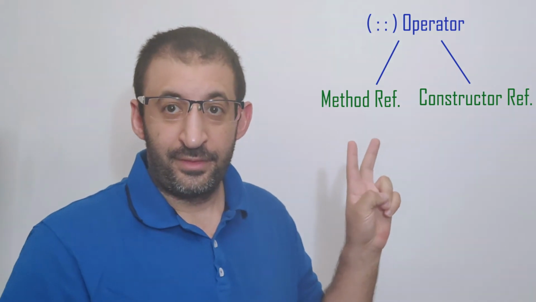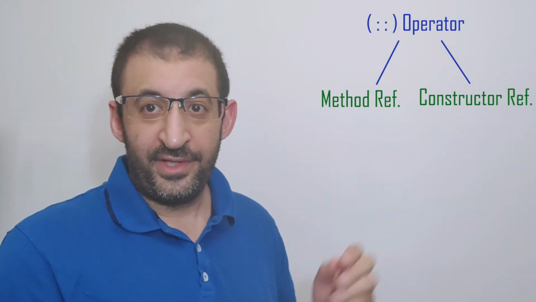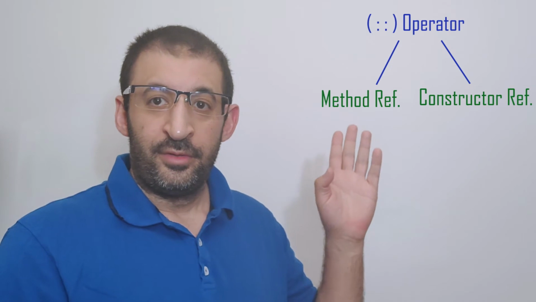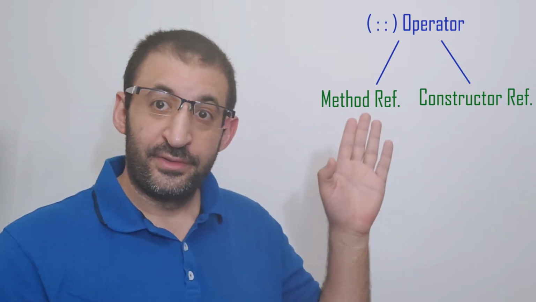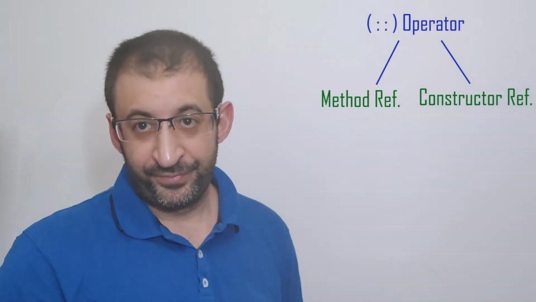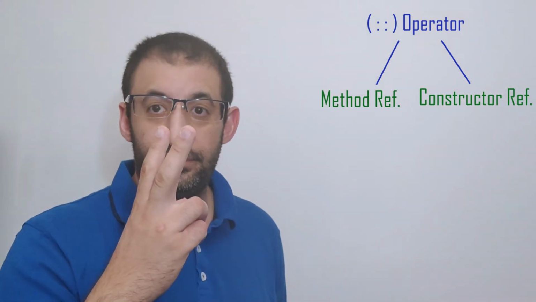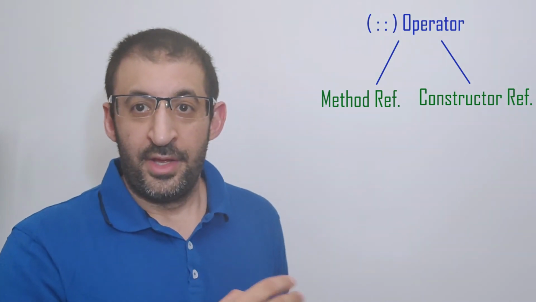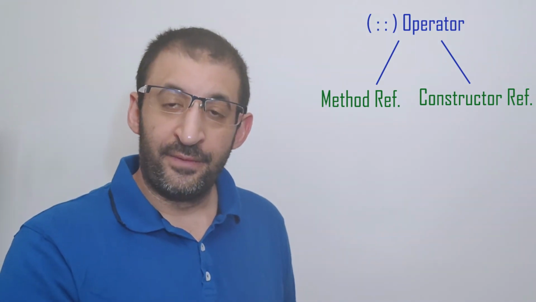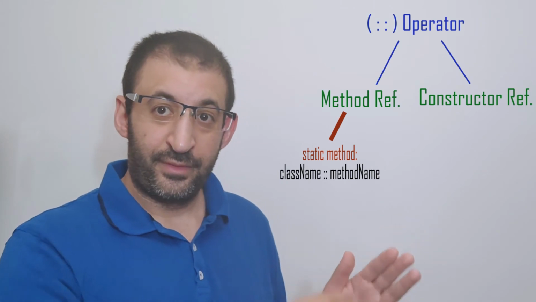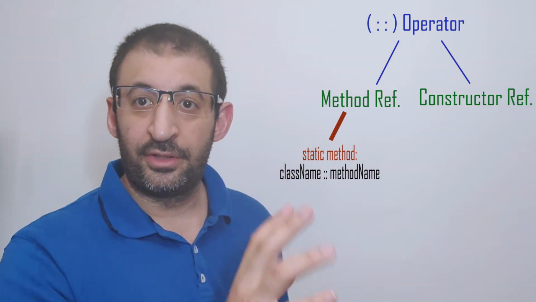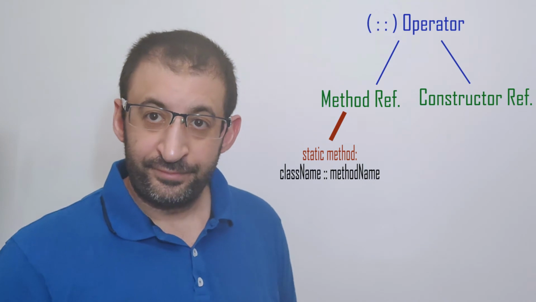So let's now make the summary about this double colon. We use this double colon for two things: to implement our functional interface by method reference or constructor reference. For method reference, we have two cases. If our method is static, the syntax will be class name, double colon, method name.